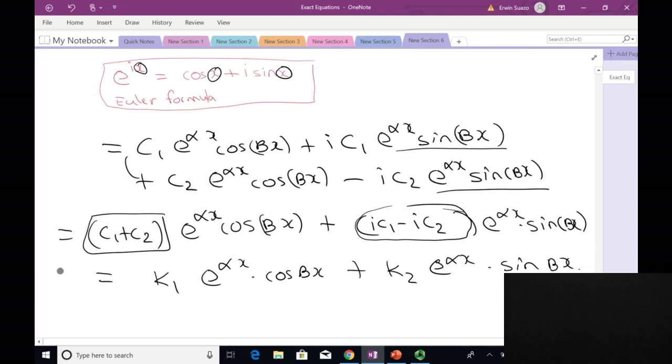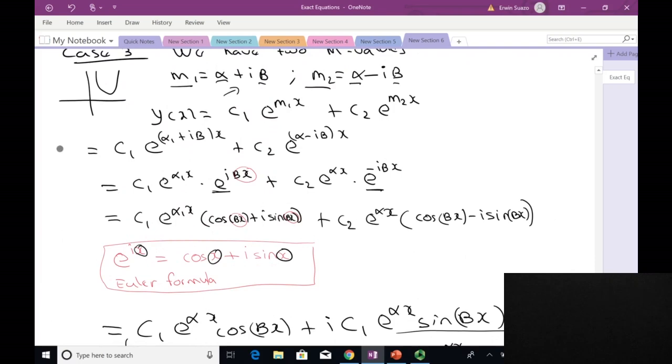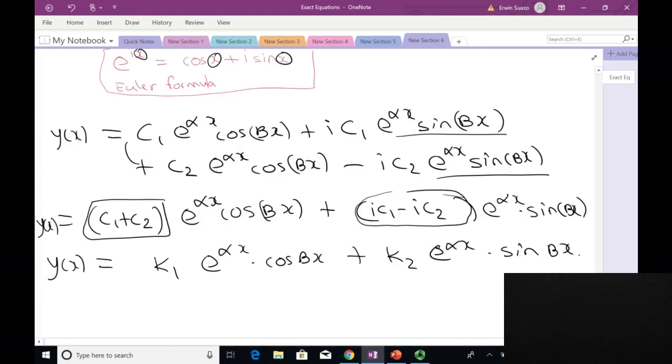And that's my general solution. That's y of x. That's how my solution looks like. Remember, all this was y of x from the beginning.